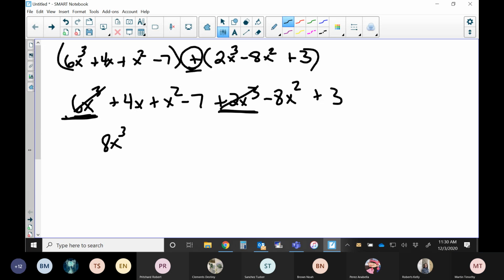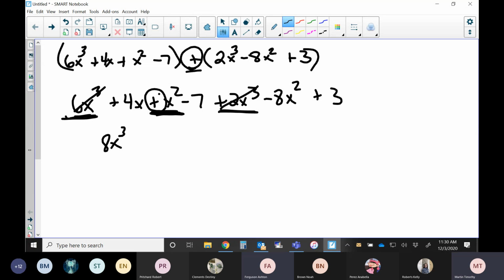Ashton, what would be the next thing I want to combine? X squared and negative 8x squared. Yes, so this is a positive x squared, which is how many? There's no number written in front of this, so just 1.